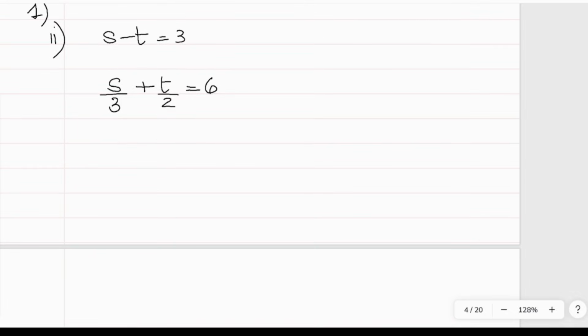So, how to do this one? I am going to give this one as equation number 1 and this is equation number 2. From equation 1, for me, actually it is easy to get a value for s equal to 3 plus t from equation 1, right?